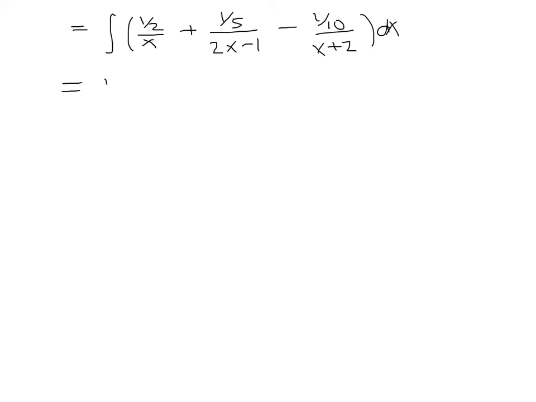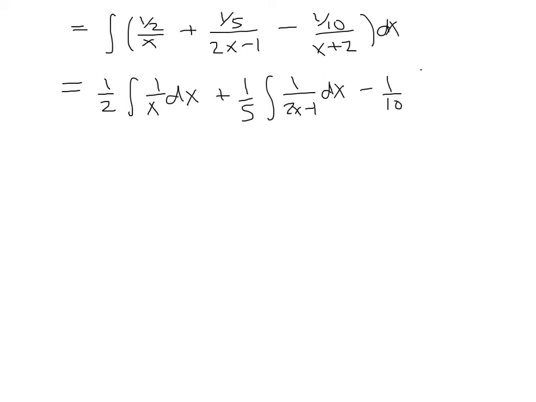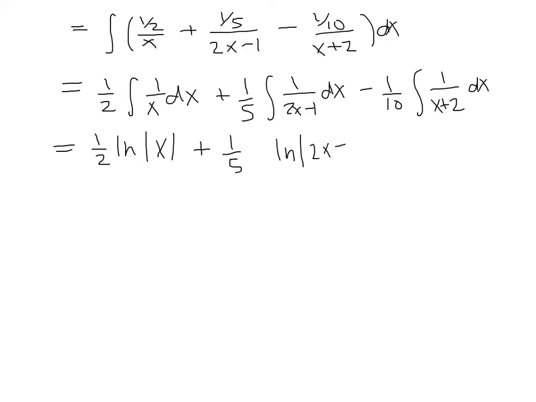So that's 1/2 the integral of 1 over x dx plus 1/5 the integral of 1 over (2x minus 1) dx minus 1/10 the integral of 1 over (x plus 2) dx. Alright, the antiderivative of 1 over x is just ln absolute value x, so 1/2 ln|x| plus 1/5 ln|2x minus 1|.